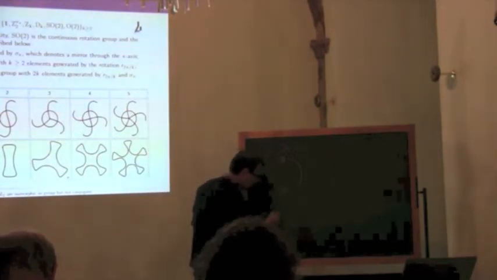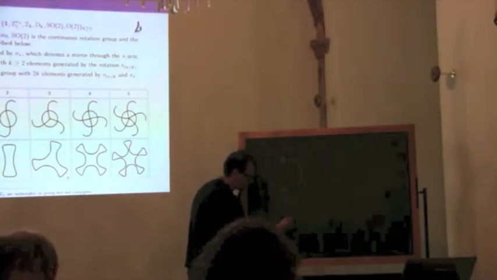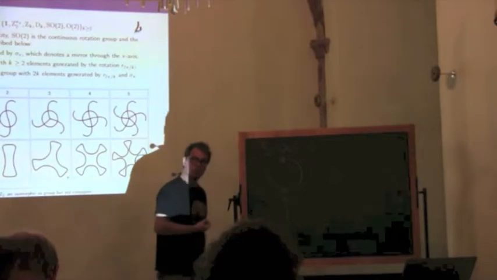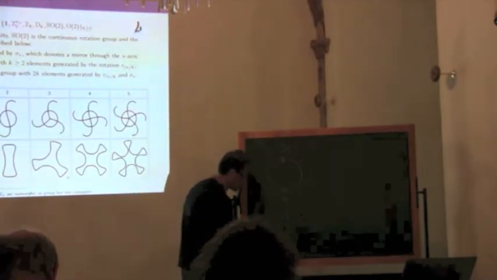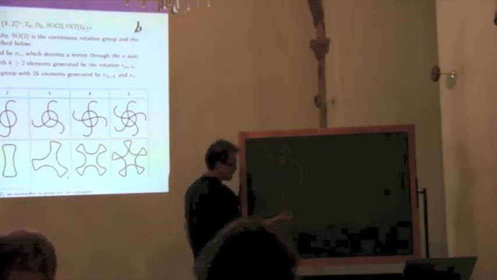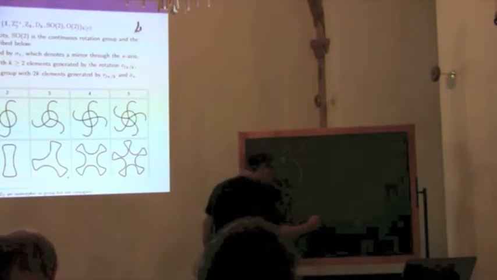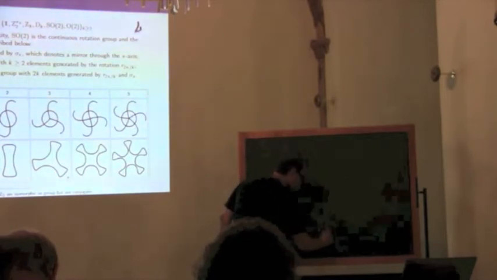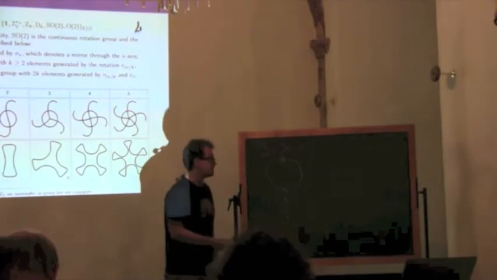You can also see it if you attach a pseudovector to your cycle. If I attach the pseudovector and I make a mirror operation, my vector will change sign.